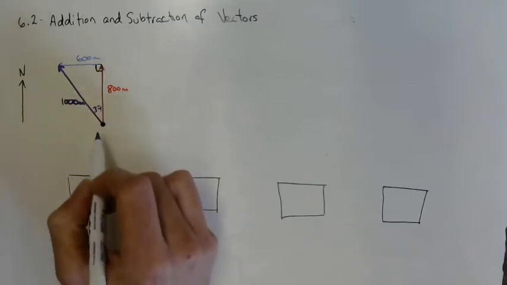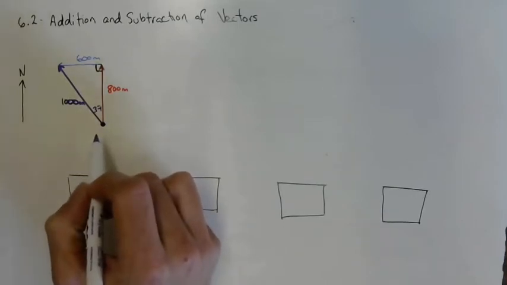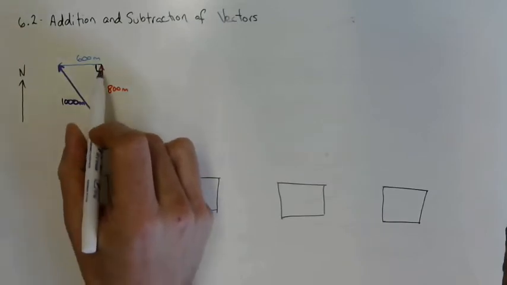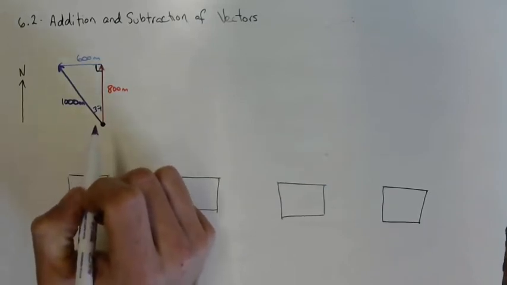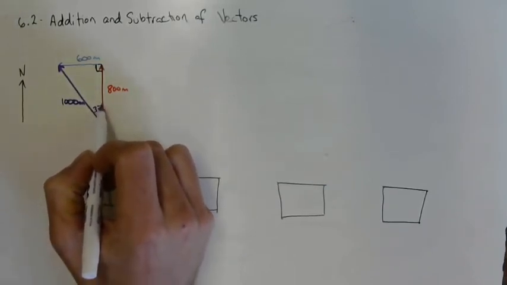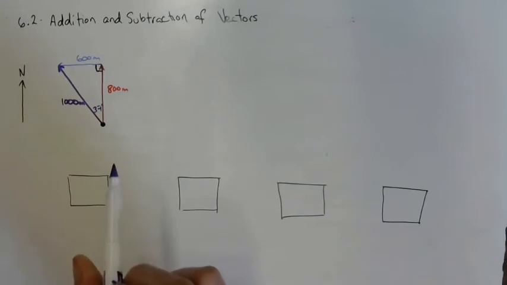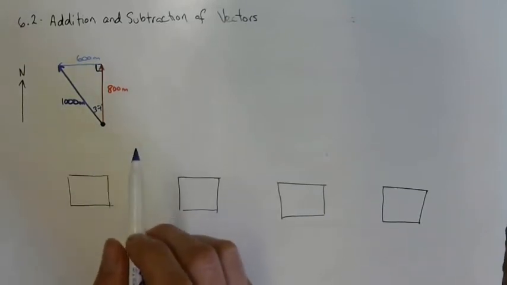This purple vector would then represent your displacement, and it is the addition of the red vector and the blue vector. Okay, so vector addition ends up looking a lot like geometry and uses trigonometric skills. And so we're going to be doing a lot of that in this lesson.